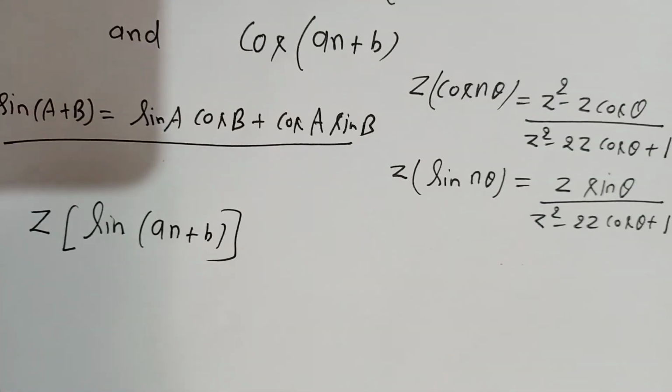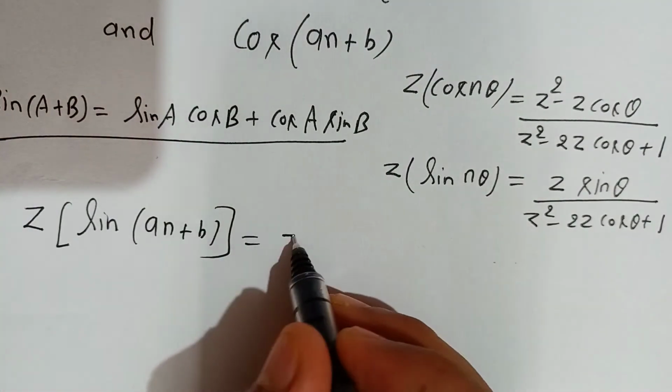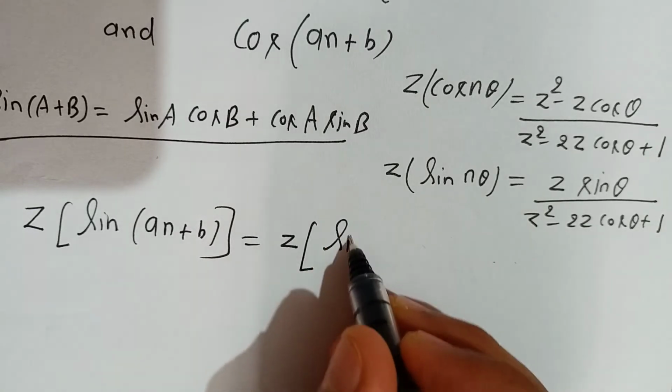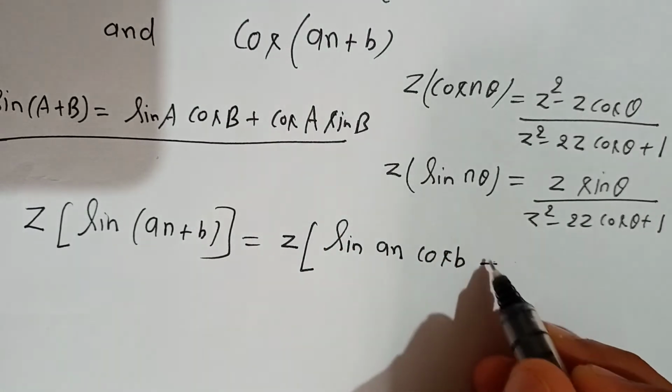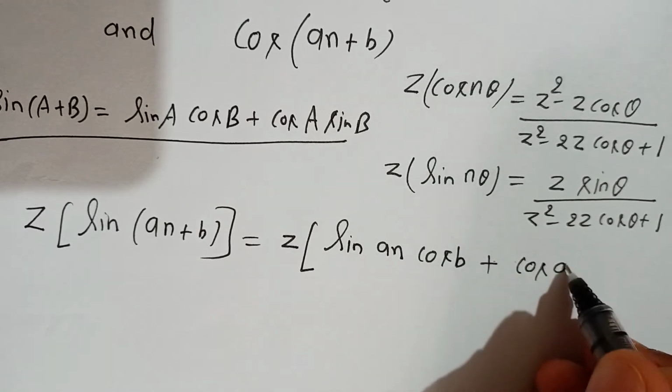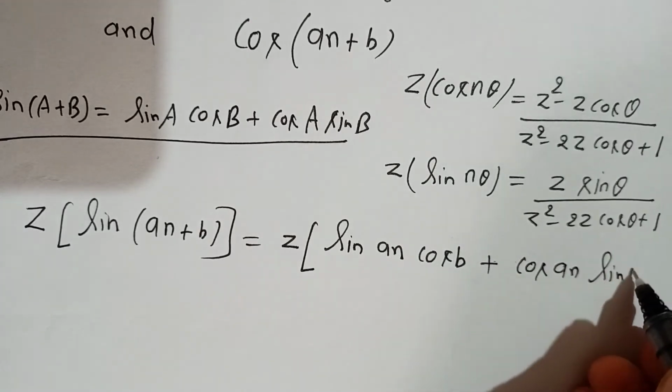So we have Z transform of sin(an+b). We can have Z transform of sin an cos b + cos an sin b.